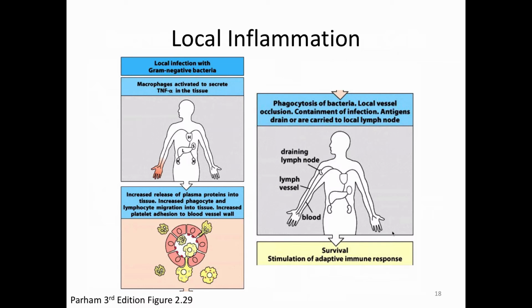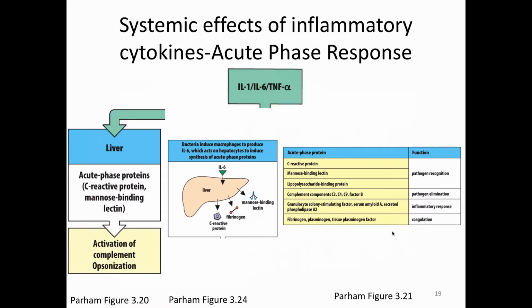Inflammatory cytokines don't just act at the site of inflammation, however. They also act in some other parts of your body. So here is the action that's happening just in the hand with the inflammation. But those inflammatory cytokines can get in the bloodstream and start to act on other organs as well. One of the big effects of those cytokines is an effect that IL-6 has on the liver.